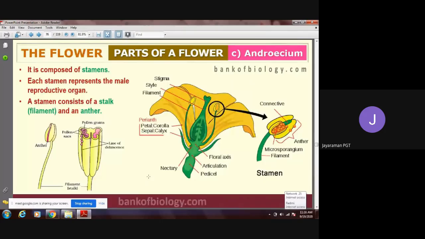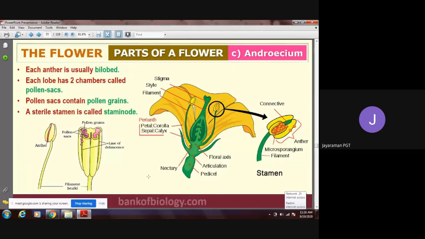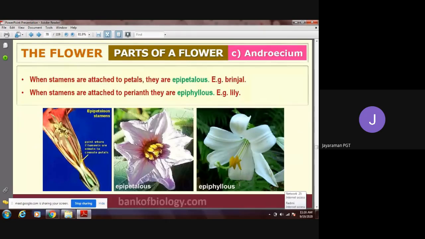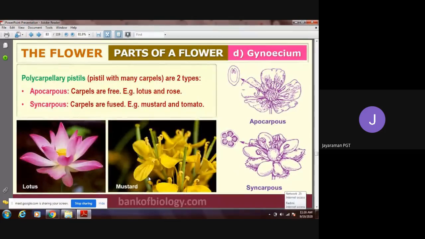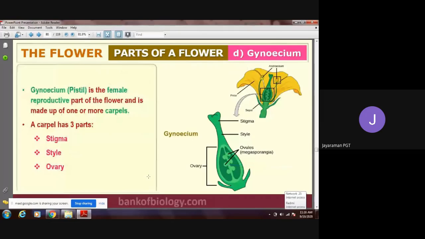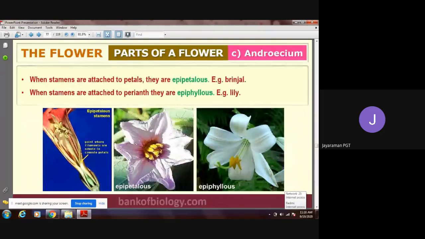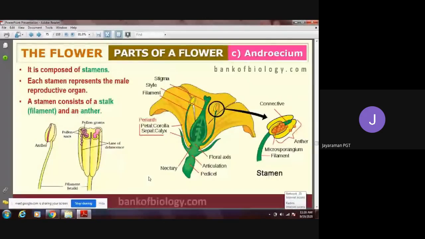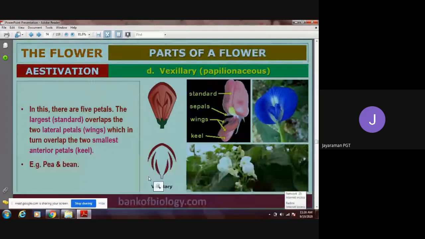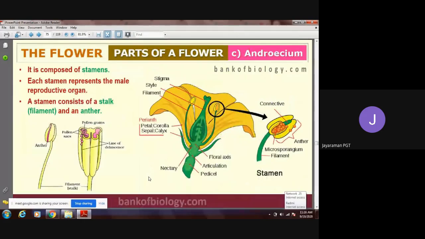So we have some more points. Shall we complete now? Okay, any doubt so far? Any doubt? No doubt. So carefully note the key terms. These key terms you can just note down in one line. Different terms like parts, colors, distributions, and so on, you need to know.